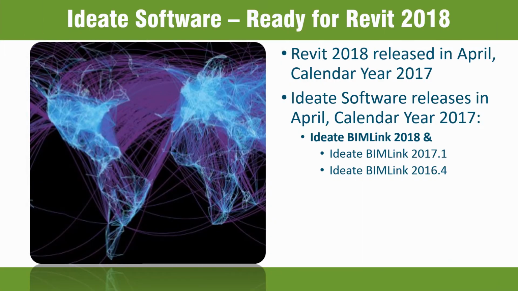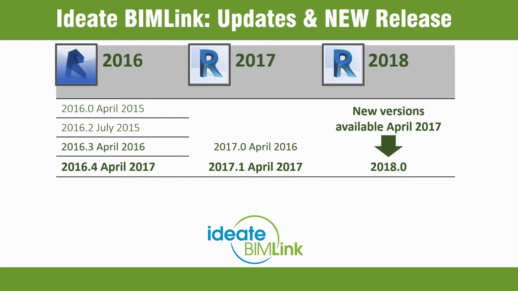This video is designed for existing Ideate BIMLink customers and covers the new features and benefits found within the calendar year April 2017 release for Ideate BIMLink for Revit 2016, Revit 2017, and Revit 2018. Part of the value of your Ideate software purchase includes these no-cost updates for your originally purchased version.